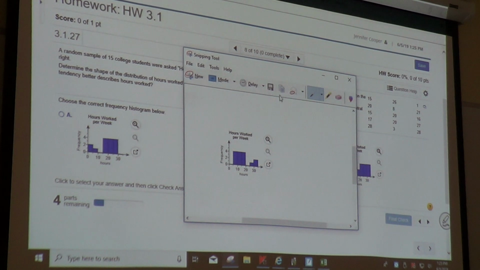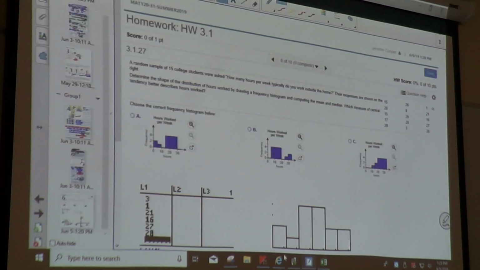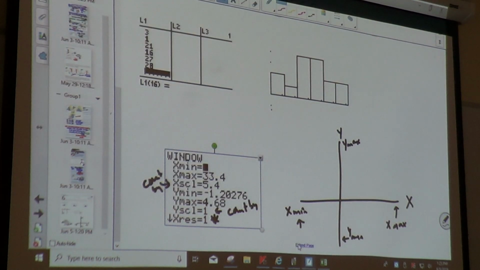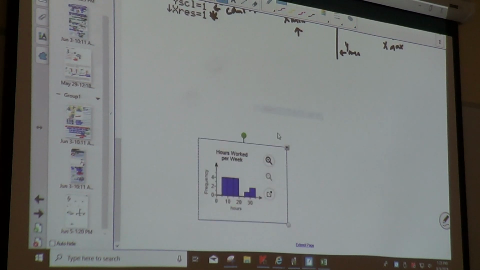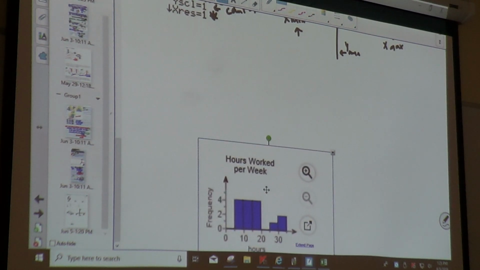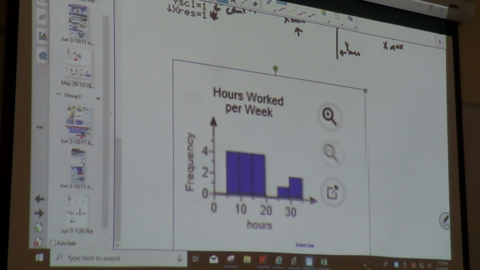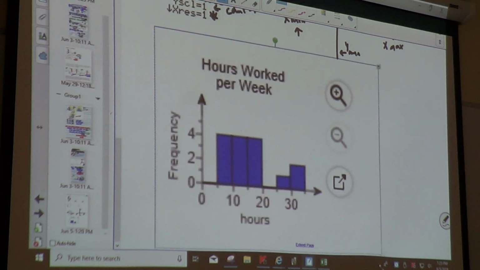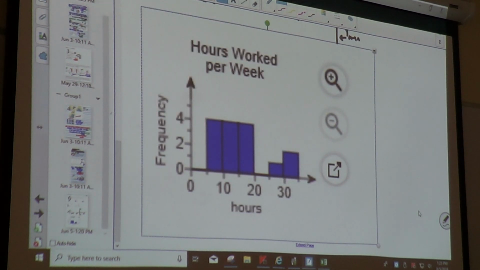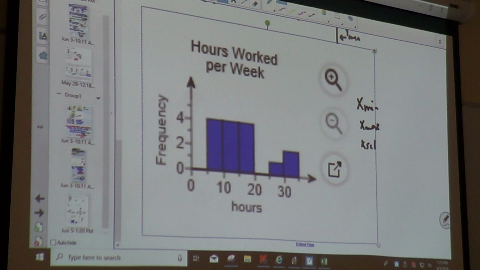And we're going to talk about what we want to make our window. So we have to come up with an x-min, an x-max, an x-scale, a y-min, a y-max, and a y-scale.